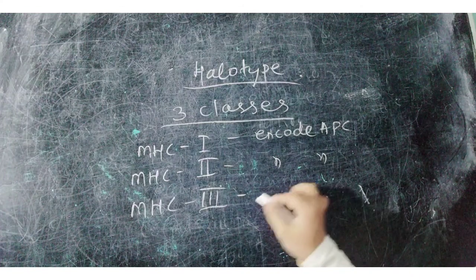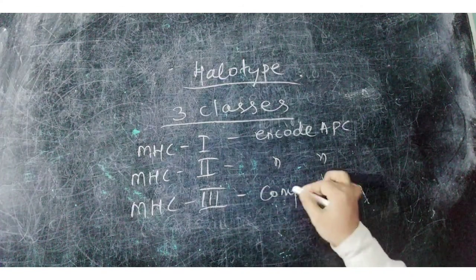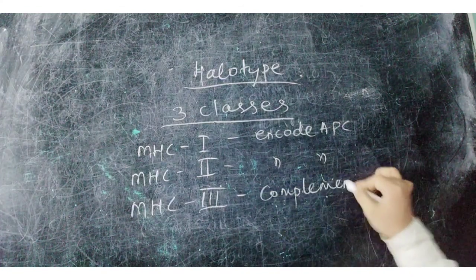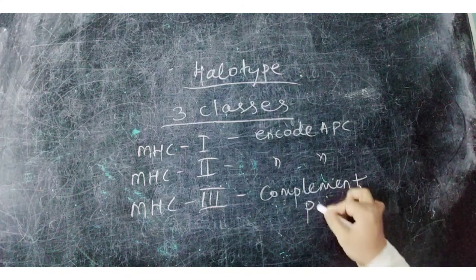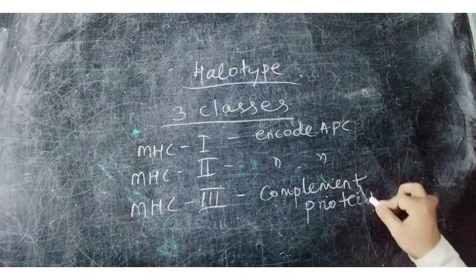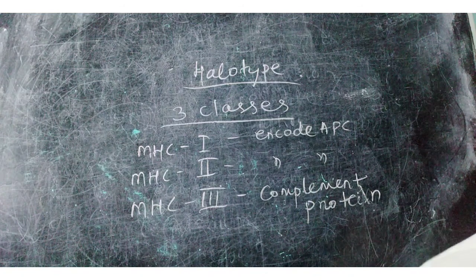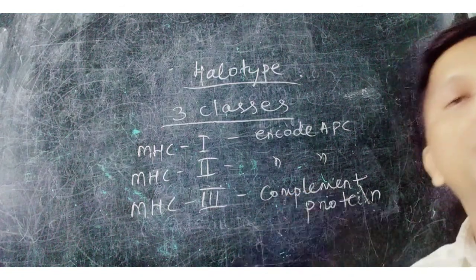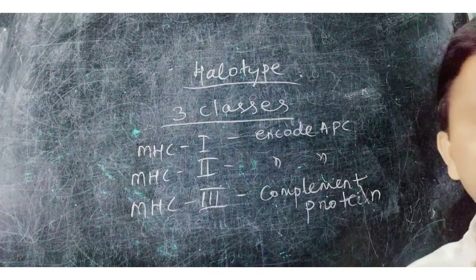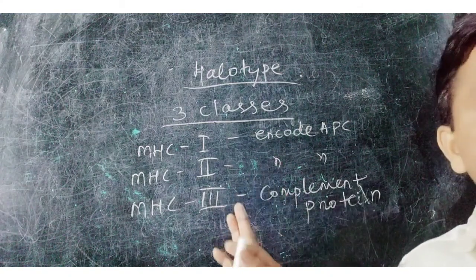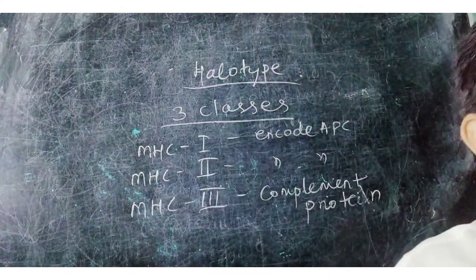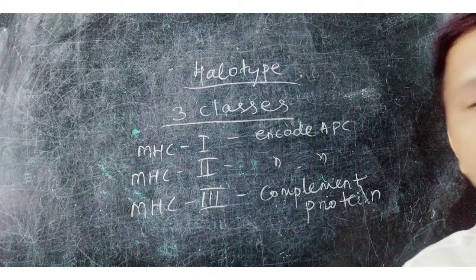MHC3 produces a number of complement proteins which are also responsible for immunity, and it is responsible for B cell expression also. So it is all about the different classes of MHC.